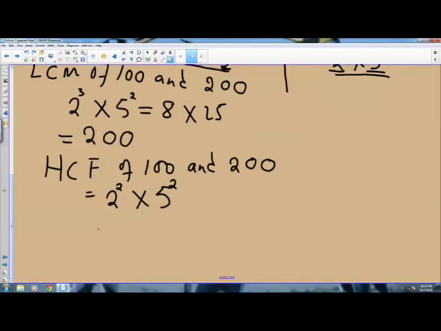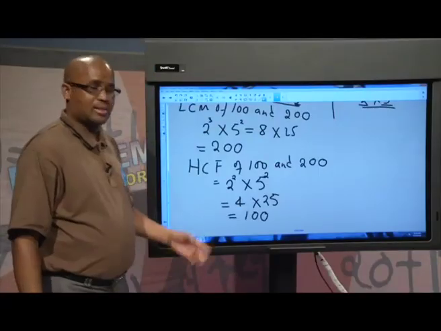This gives you 2 to the power 2 is 4 times 5 to the power 2 is 25. And then 4 times 25 is 100. So this is how we find the highest common factor of 100 and 200. The highest common factor of 100 and 200 is 100. That's how we did it.